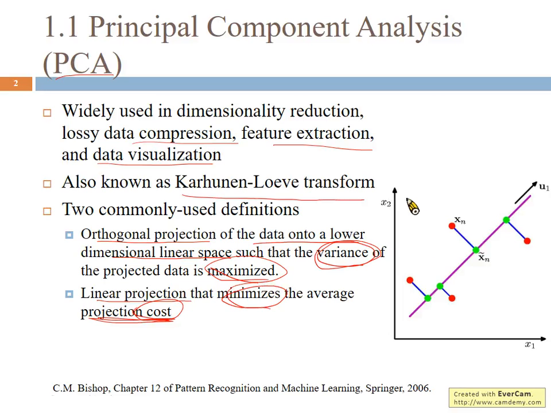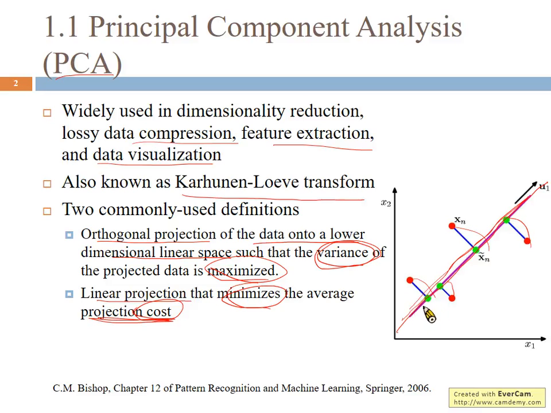On the right side, we can see an example. The red dots are the original data points. We want to find a vector such that the projected data in green have maximum variance.